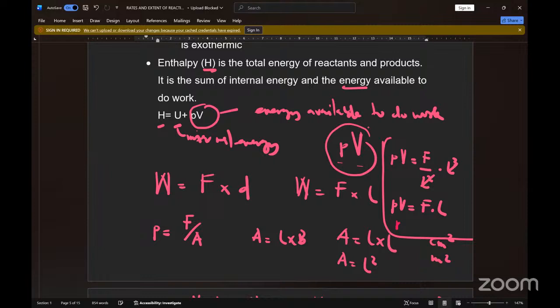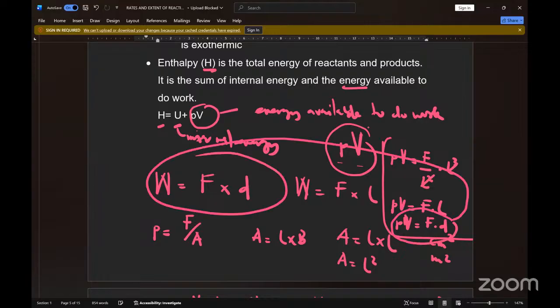And PV is the same thing as force times distance, because distance is also some kind of length. So you realize that this your PV is the same thing as work. Okay? So when you see PV, it is actually energy or work.